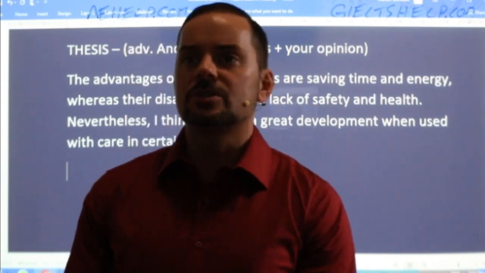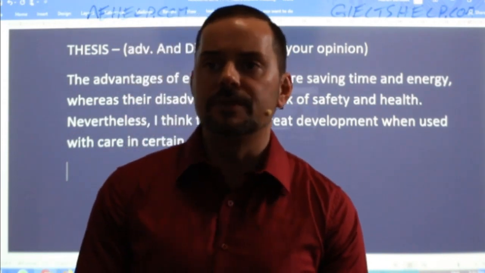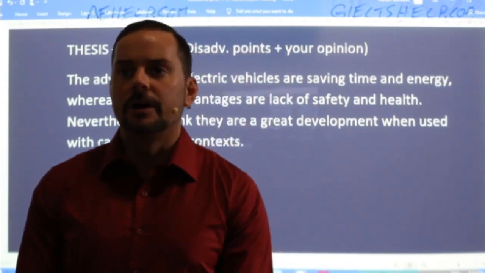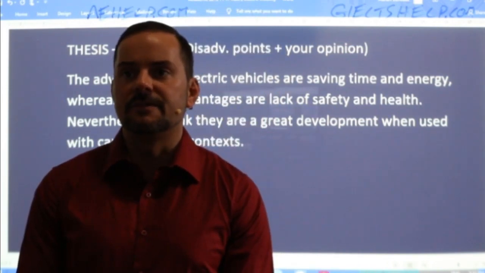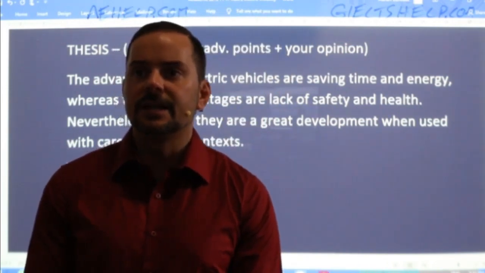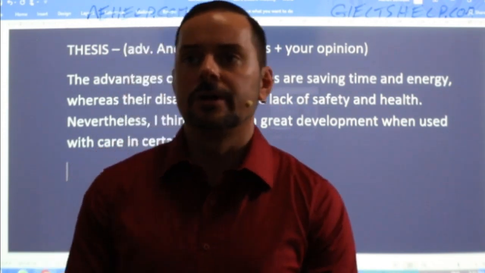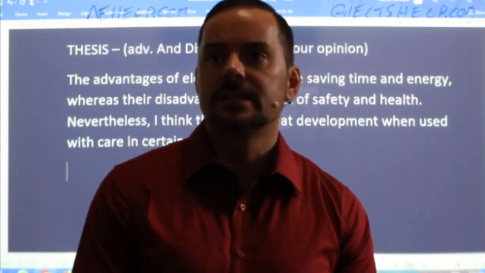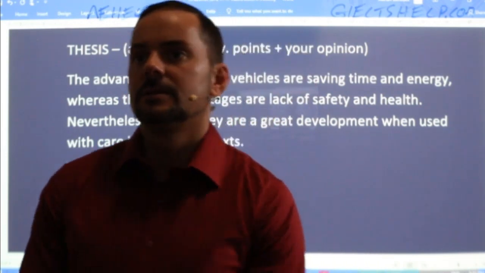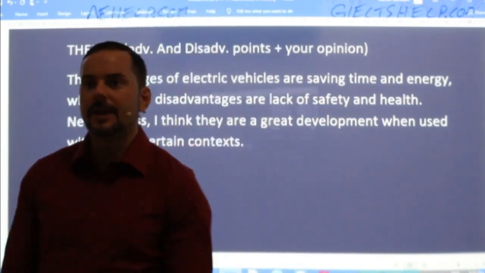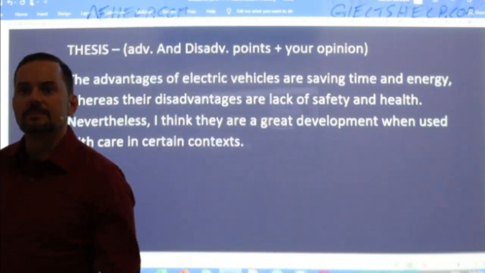The advantages of automated small vehicles are saving the environment and money, while the negatives are laziness and danger, maybe. Okay. However, I believe in the pros more than the cons. Okay.